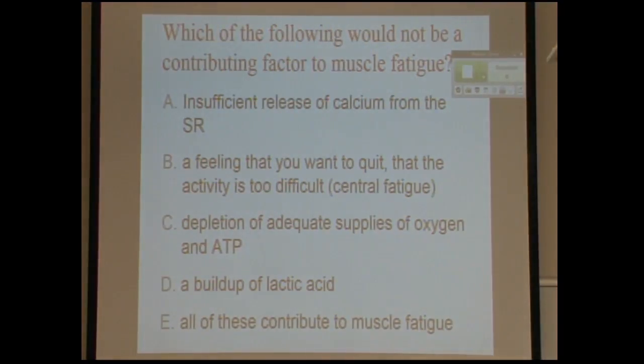So the answer for that one, what do you think?